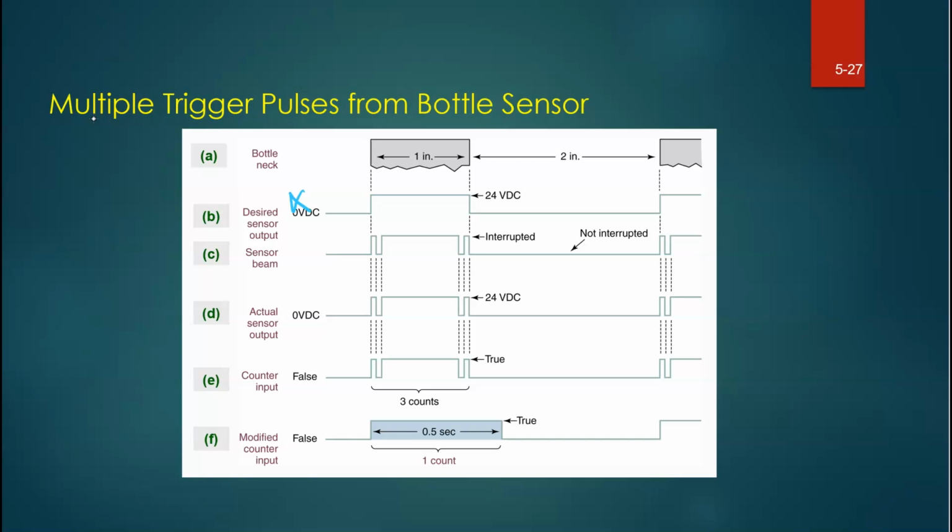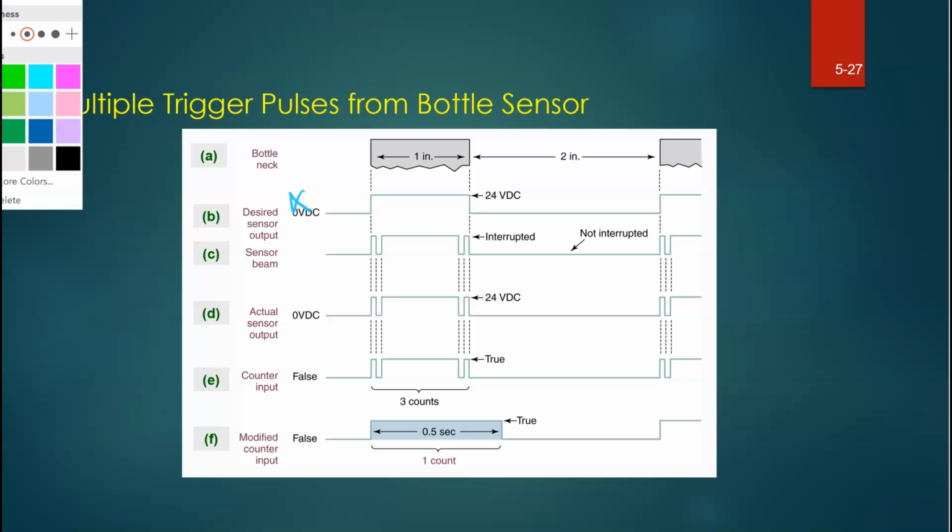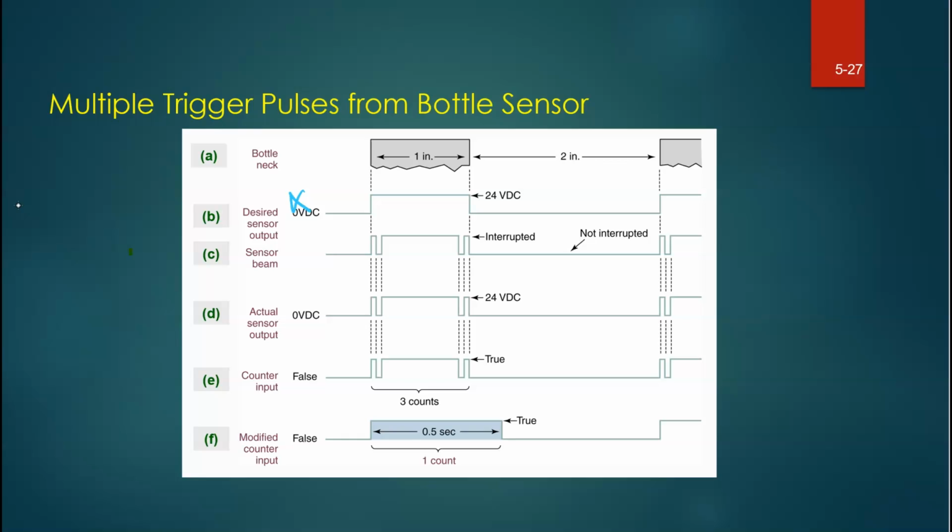While the bottle is in front of your sensor, the sensor will provide 1, and while there's no bottle in front of the sensor, it will be 0. So this is the ideal signal that we would like to get from the output of our sensor.